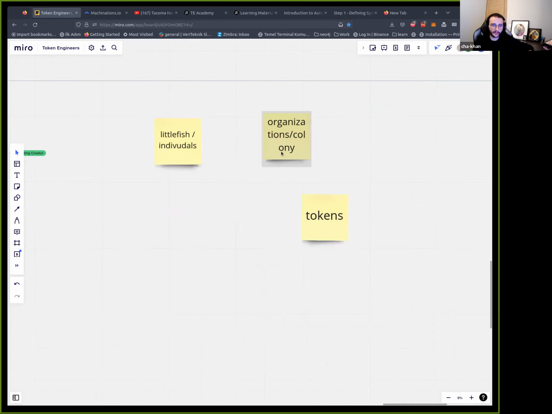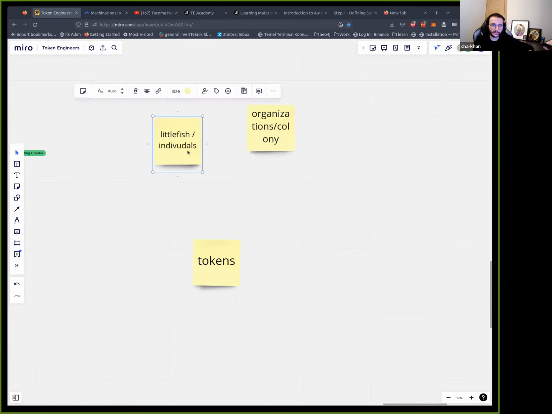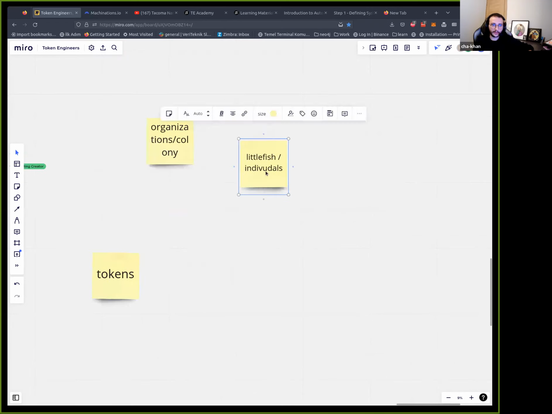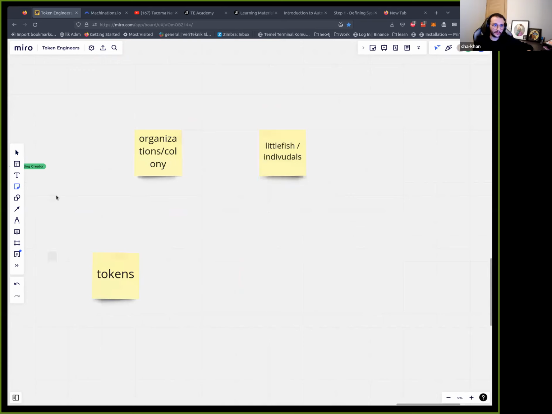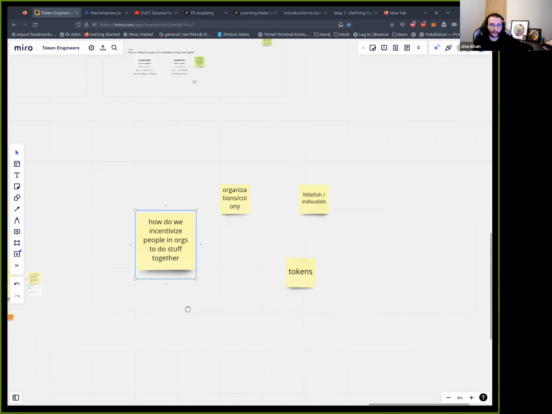So how do we incentivize people inside of organizations to do stuff together? Very simple. And that's maybe a system goal that we try to iterate on through this process.